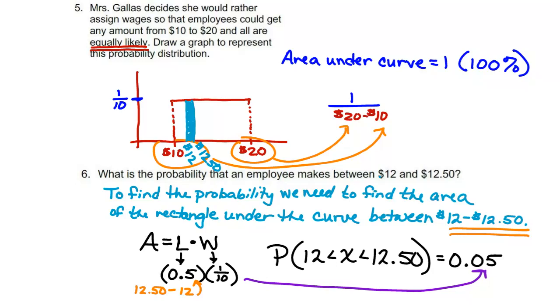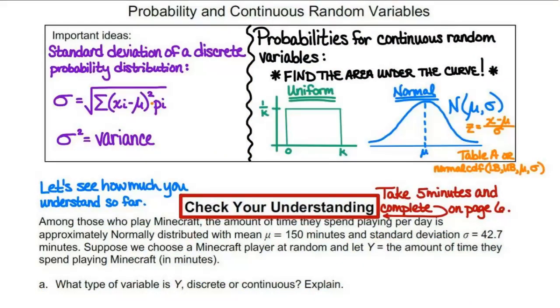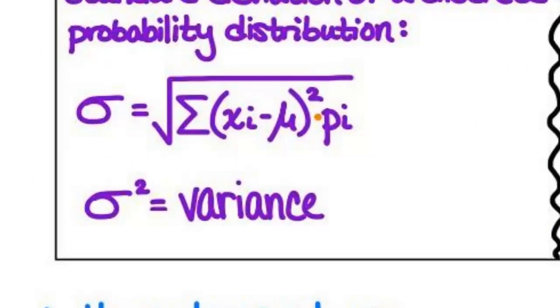All right, go ahead and flip this over. To find the standard deviation of a discrete probability distribution, what does that symbol right there mean again? Sum. So we're going to add a whole bunch of things up.